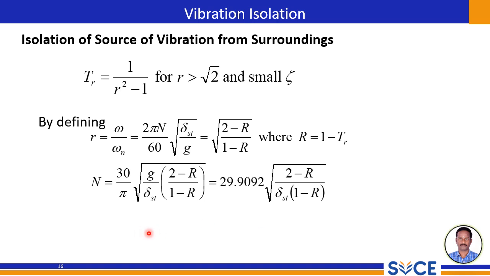N is equal to 30 divided by pi multiplied by the square root of g by delta_st multiplied by the square root of (2 minus R) divided by (1 minus R). This is further simplified to 29.9 multiplied by the square root of (2 minus R) divided by (delta_st times (1 minus R)), which is a very important equation to determine the required static deflection or the rotational speed for a given isolation efficiency.